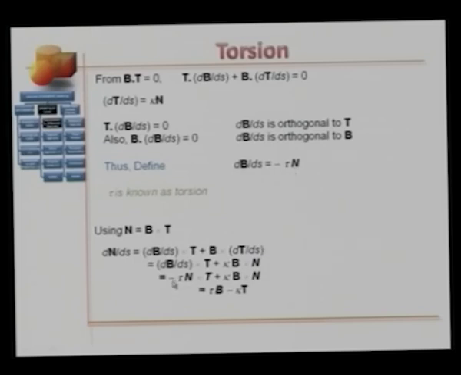So we get minus tau times n crossed with t plus kappa times b crossed with n. N crossed t is minus b, and b crossed with n is minus t. So dn over ds equals tau times the binormal minus kappa times the unit tangent.